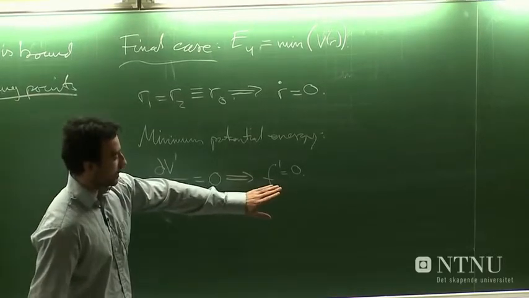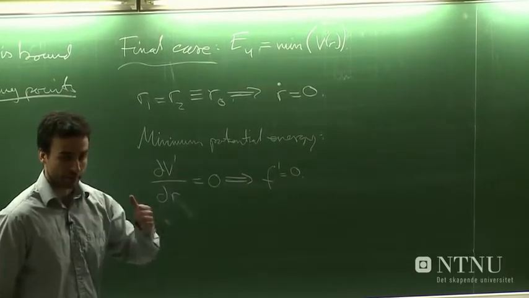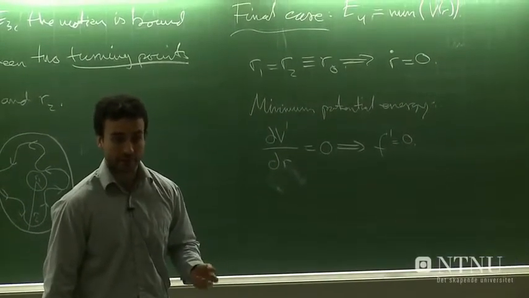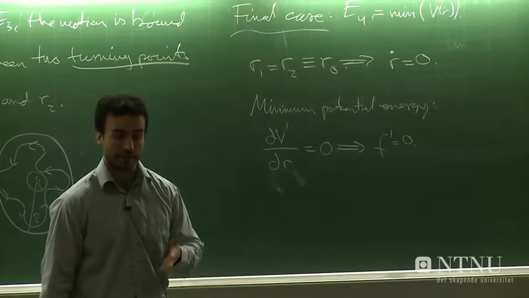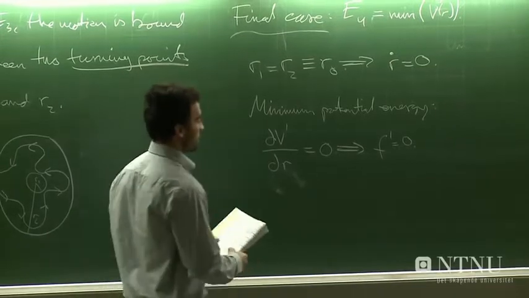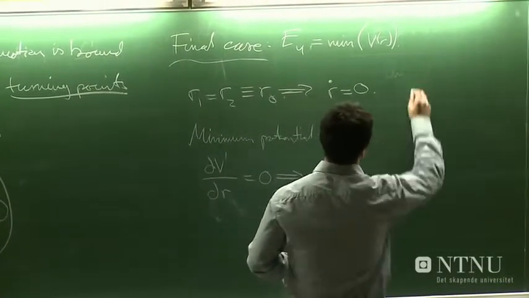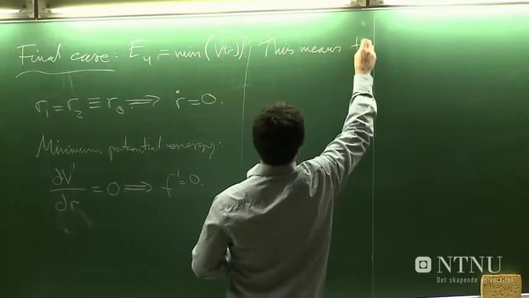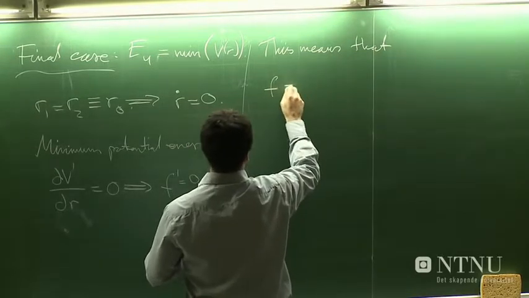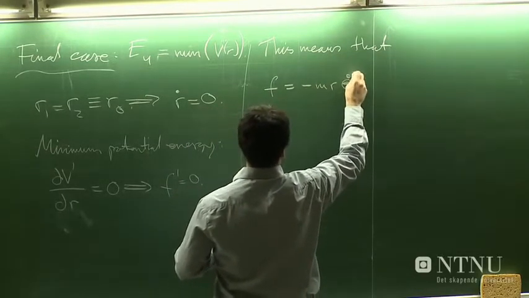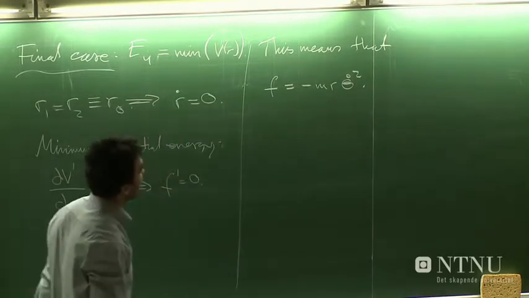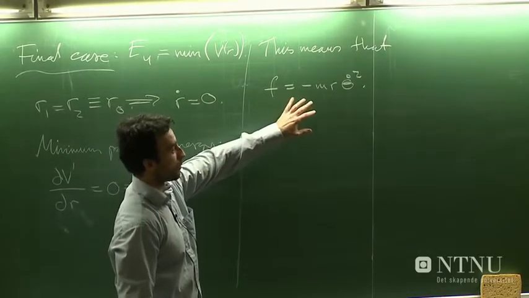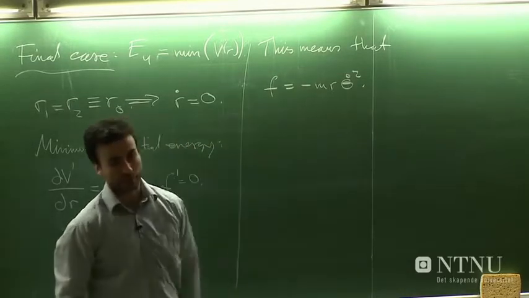And if we recall our expression for F', what it consists of, we know that it consists of the external force, any external force F in the system, plus this term originating from the conservation of angular momentum. So F' equals 0 implies that F has to equal minus m r θ-dot squared.